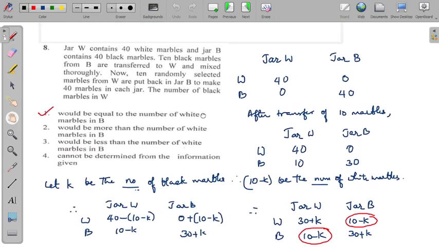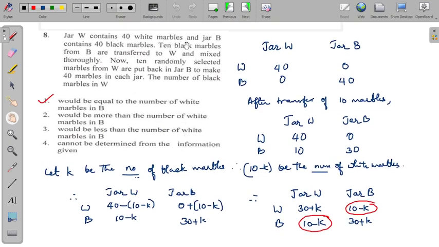Now the 8th question. Jar W contains 40 white marbles and jar B contains 40 black marbles. 10 black marbles from B are transferred to W. After transfer, W will have 10 black marbles and jar B will have 30 black marbles.